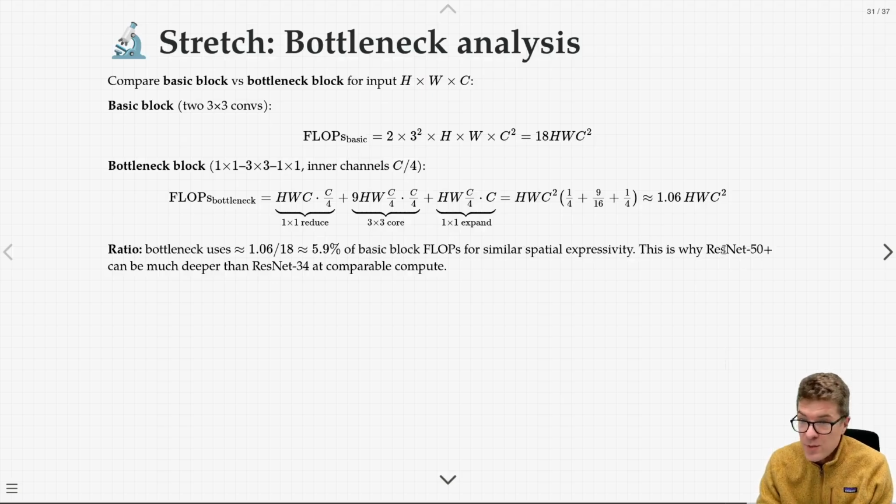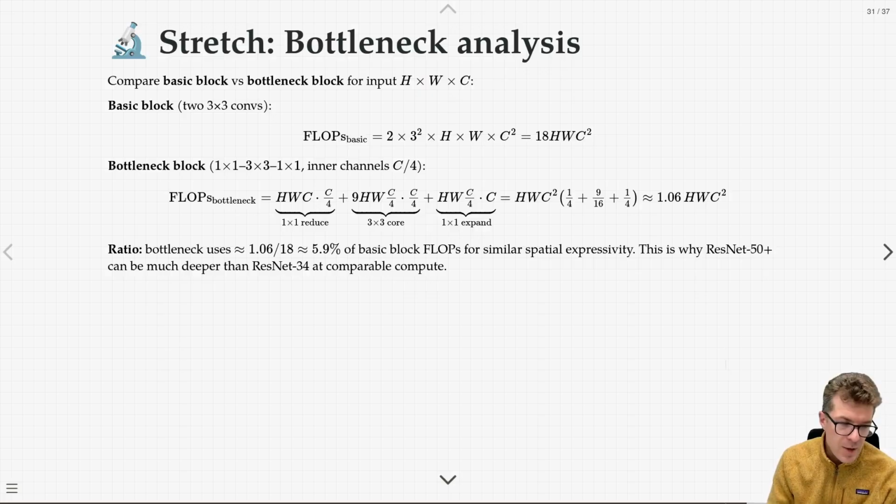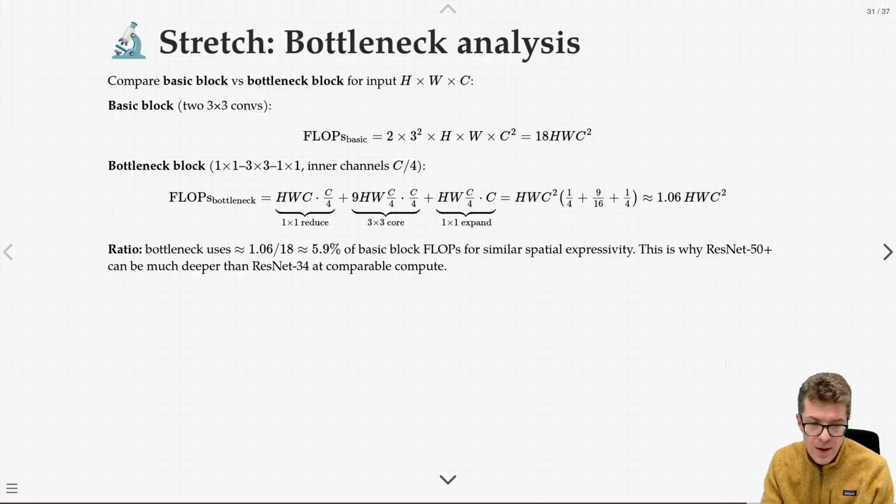So indeed, this is why ResNet 50 can have, as I mentioned at the very beginning, 25 million parameters versus 21 million parameters for ResNet 34. You can get many more blocks and layers, but without increasing the cost and complexity in the parameterization of those models.